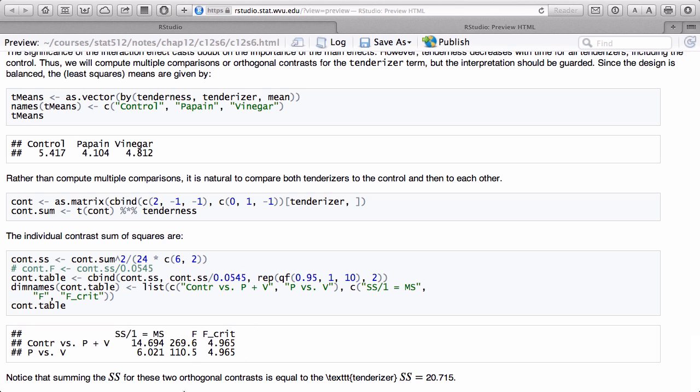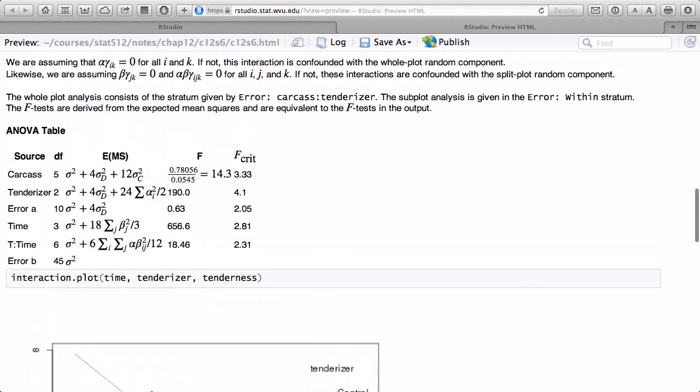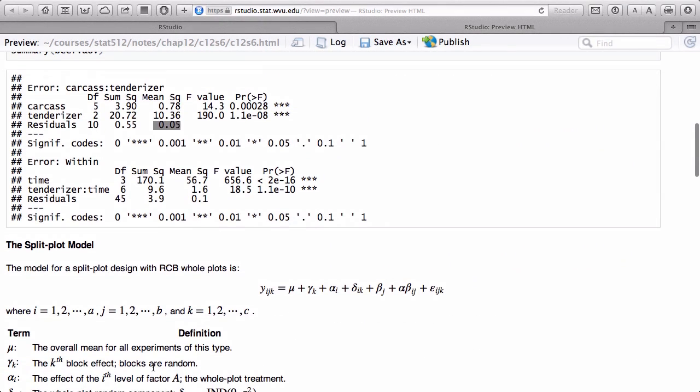Now I want you to notice something. We have 2 degrees of freedom here. Now I want you to add up the sum of squares. What is it? It's 14.694 plus 6.021. So that is about 20.7, right? Well, it turns out that the sum of those two is equal to that.